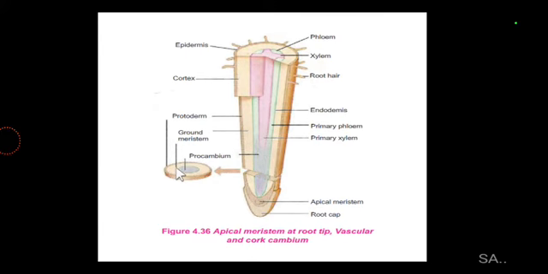These are basically the primary tissues of the growing tip of a stem or the root. And then we have the protoderm, which gives the epidermis, and below the epidermis we have the cortex. Then we have the endodermis, and inside it we have the phloem and xylem. Well, if you look at the epidermis, there is some hair-like structure that is coming out, and they are making the root hair.